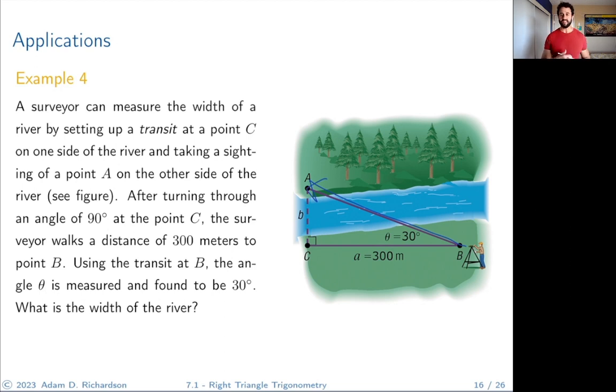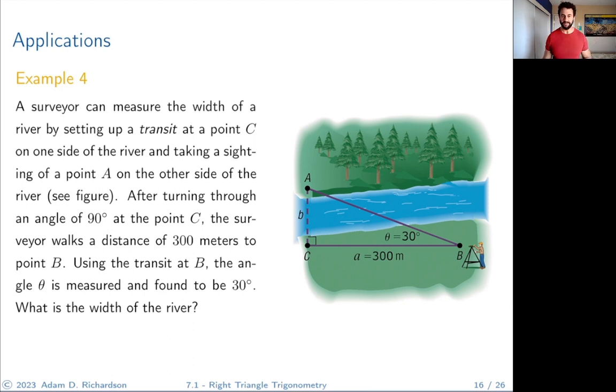And what they'll realize is that the angle they had to turn was 30 degrees. So they measured that angle, and found it to be 30 degrees. Now the question is, how wide is the river between C and A?